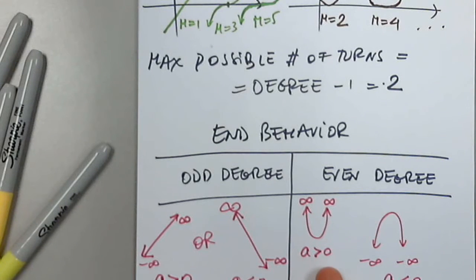I go back to my explanation here. Is the degree odd or degree even? The polynomial we're looking at is odd. Is it degree 3, right? So it's odd. Okay. Since the leading coefficient is negative, what will be the pattern? Will it be number 1 or number 2?